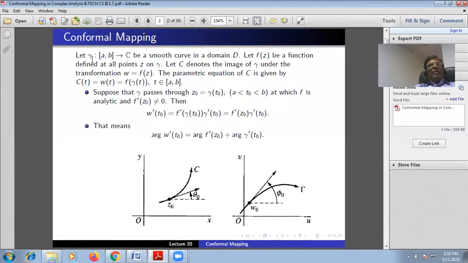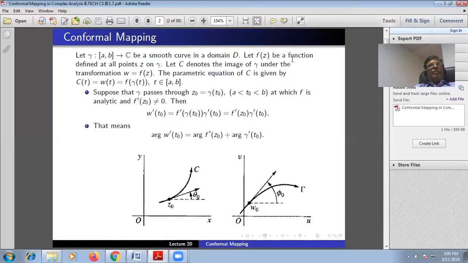Let gamma such that closed interval AB tends to C be a smooth curve in domain D. This is a smooth curve. This is the domain D.